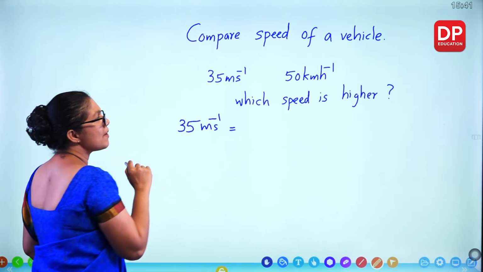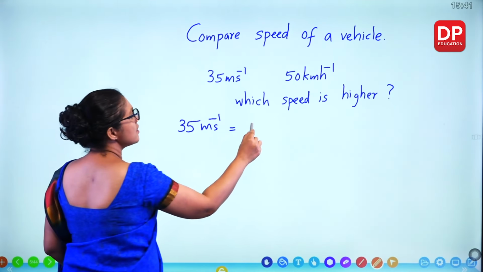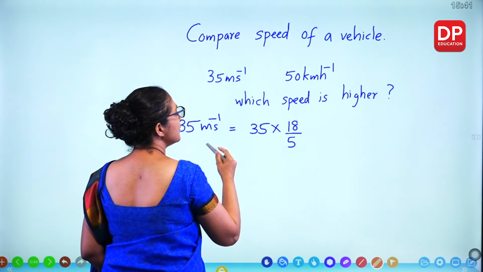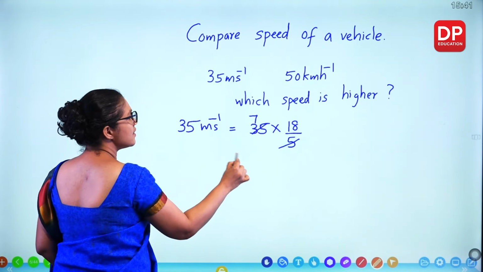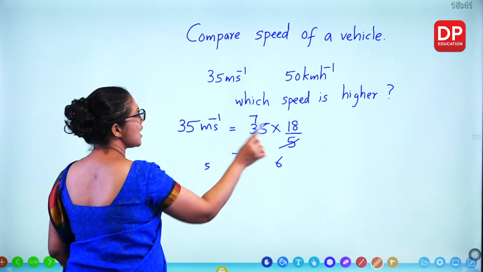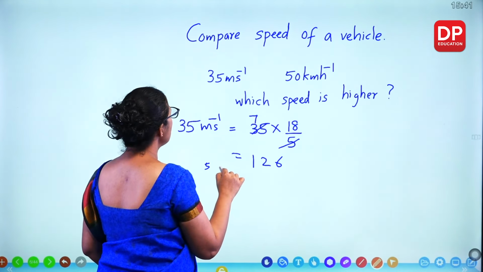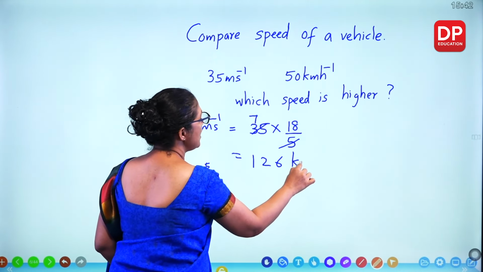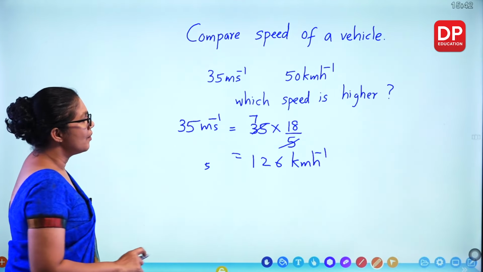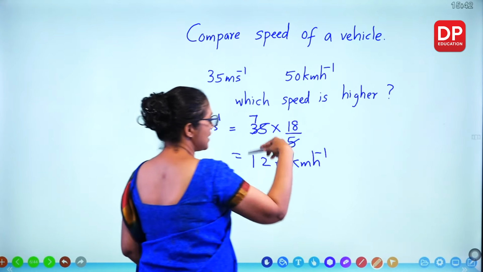Kilometers per hour is a bigger unit, so take 35, multiply by 18 over 5. 5 times 7, so 7 times 18 gives 126 kilometers per hour.